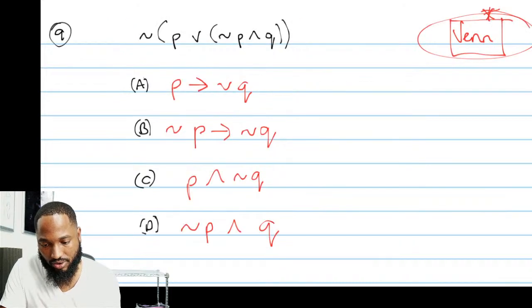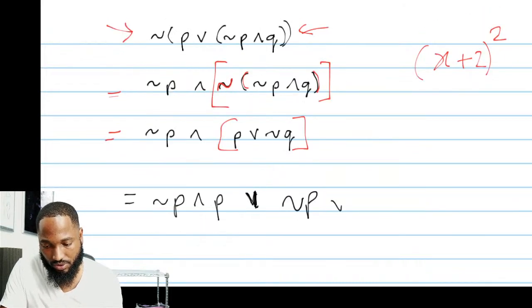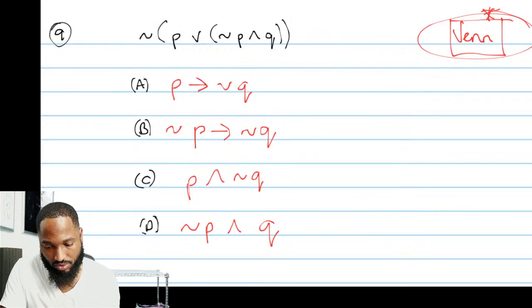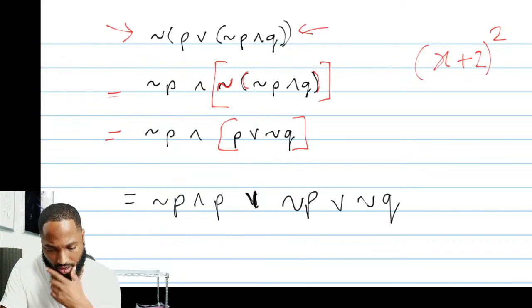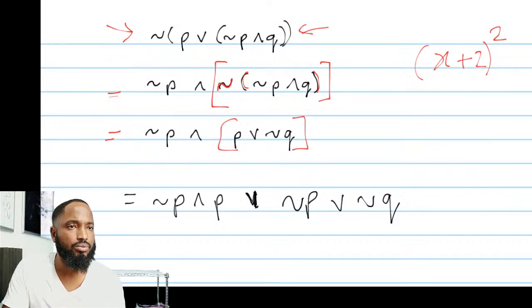So this P, is that there all the time? Yeah. Or not Q. Did I have the answer? Not P or not Q. Not P. I didn't write the answer in.